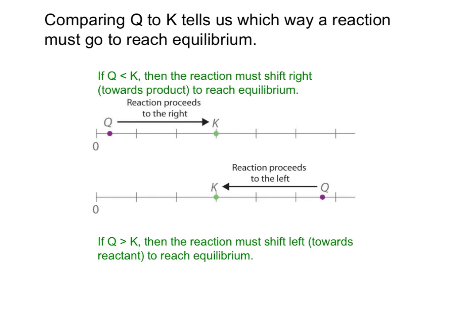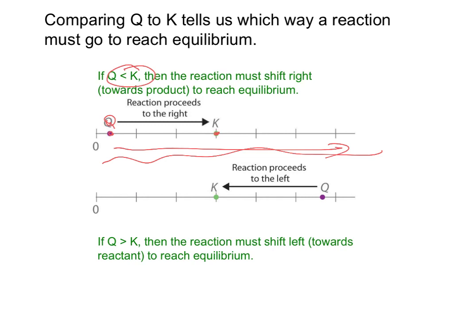My favorite way to compare Q and K, and I think by far the easiest, is to make a quick number line and place Q and K on the number line. So, for example, if Q is less than K, Q is going to be to the left of K, right? Assuming the number line starts at 0 and then goes larger, as normal.